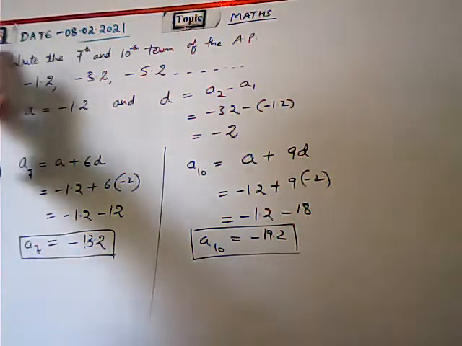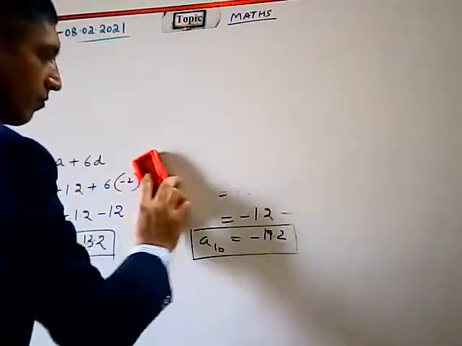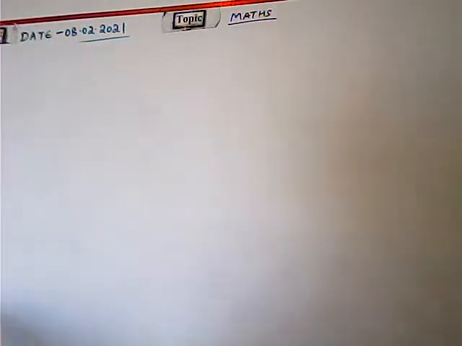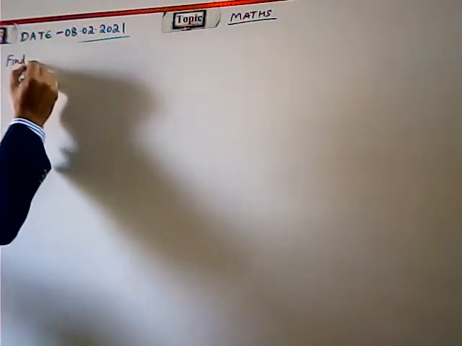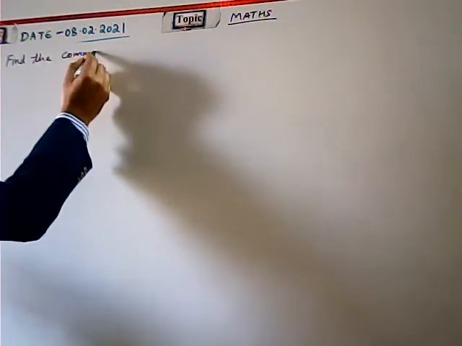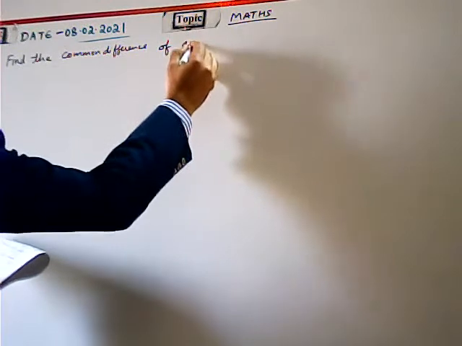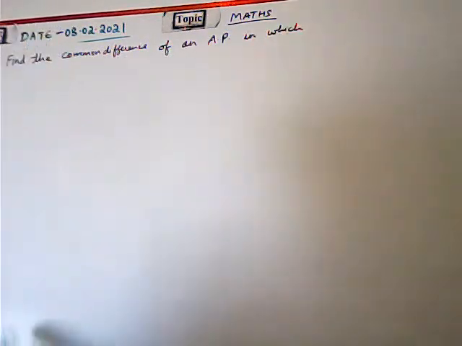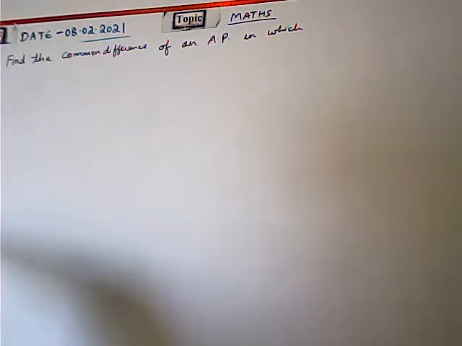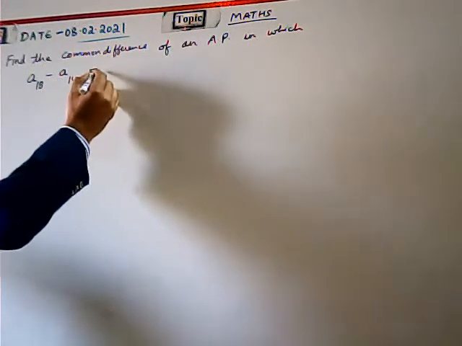So next we have, find the common difference of an AP in which A18 minus A14 is equal to 32.